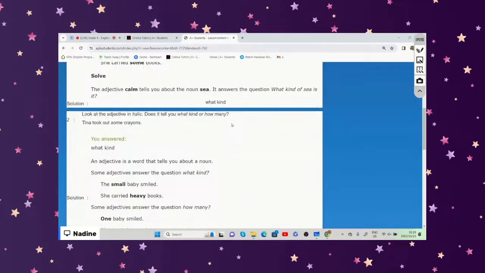Now we need to look at the adjective in italics. Does it tell you what kind or how many?